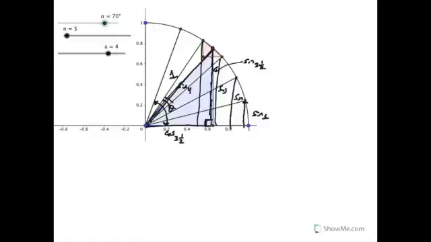Now this little red triangle has as its sides, this length right here, the difference between sine 4 and sine 3.